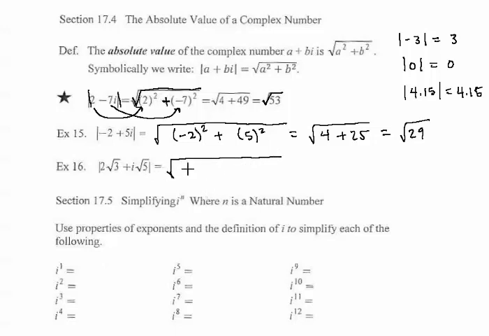Example 16, here we have 2 square root of 3 plus i square root of 5, so this is real and this is our imaginary part. Alright, so we pull out the a and the b, which in this case would be 2 square root of 3 for a, and we square it, and the b of the complex number would be square root of 5, and we square that. So we just sort of leave the i out.